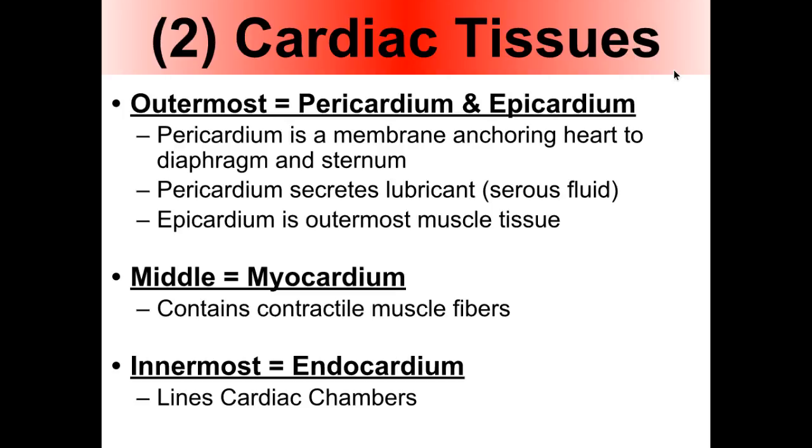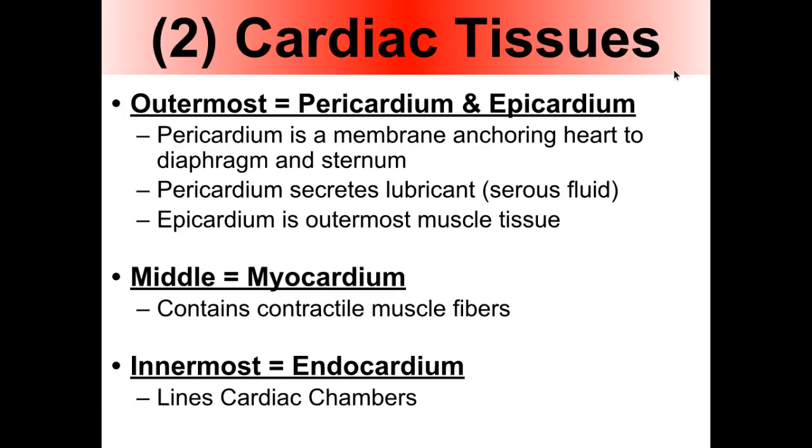So it is the membrane around the outside of the heart. And it anchors the heart to the diaphragm and the sternum. The diaphragm is a membrane that runs along the lower part of the lungs that helps the lungs expand and retract when we breathe. And the sternum is the breastbone in the middle of the chest.